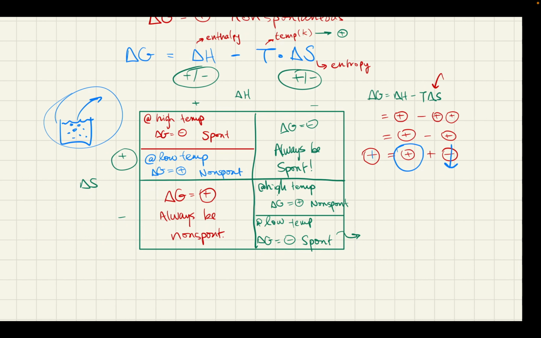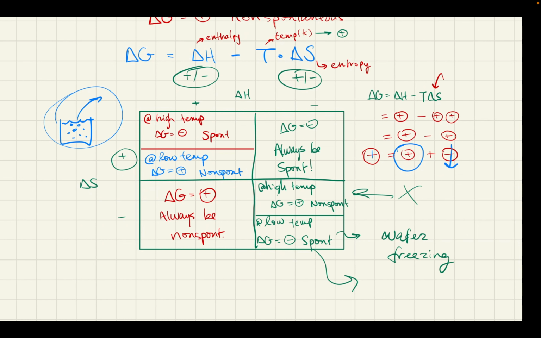Think of water freezing. Will water spontaneously freeze at room temperature, at a high temperature? No, but it will spontaneously freeze at like negative 200 degrees Celsius. So that is another situation. It's kind of the opposite of that top left quadrant.